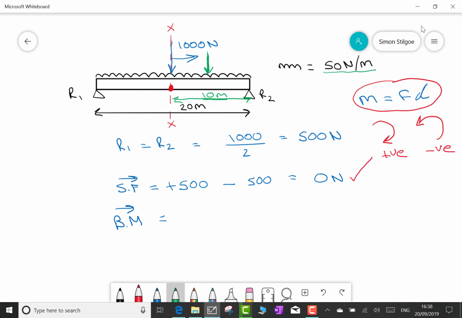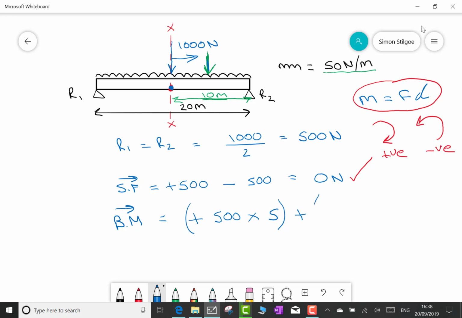So if I push down here at this green arrow, indicating my bending moment force at 5 meters from XX, it would be acting in a clockwise fashion to the XX. And if it's clockwise, then we give it a positive number of 500 multiplied by the distance from this point here back to my fulcrum point here. Well, that distance is 5 meters, and that gives me my first bending moment.